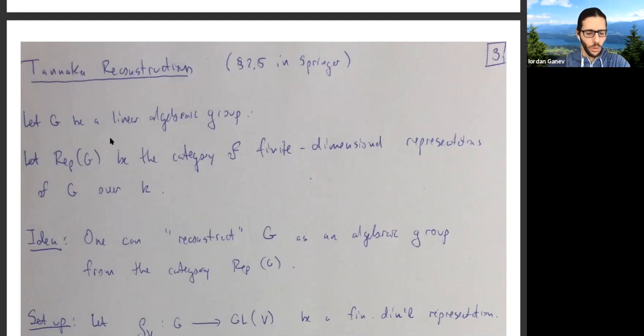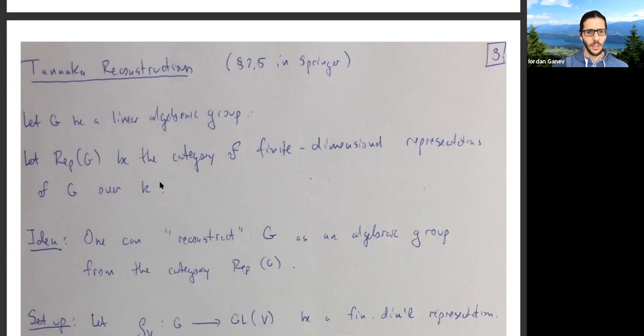We will reintroduce the reductive assumption later on, but for now G is general. Rep G will be the category of all finite dimensional representations of G over our algebraically closed base field K. Most of you are familiar with basic category theory. The objects here are the finite dimensional representations of G, and the morphisms are G-linear maps.